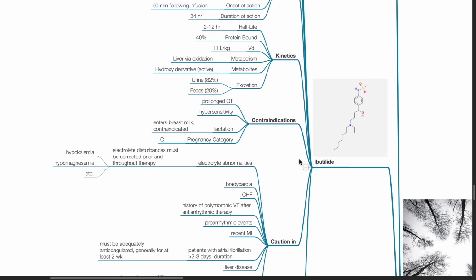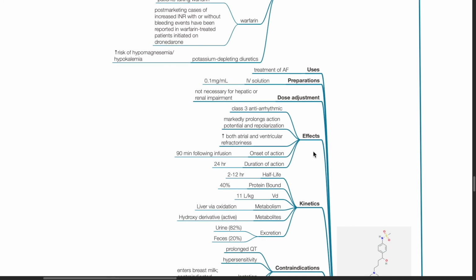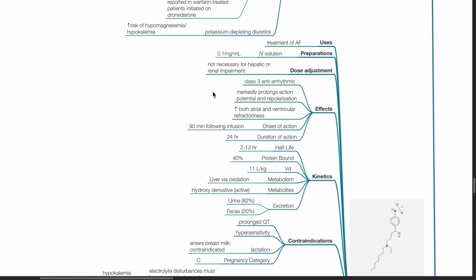Ibutilide. This drug is used in the treatment of AF and comes in IV solution of 0.1 mg per ml. Dose adjustment is not necessary for hepatic or renal impairment. It is a class 3 antiarrhythmic which markedly prolongs action potential and repolarization and increases both atrial and ventricular refractoriness.